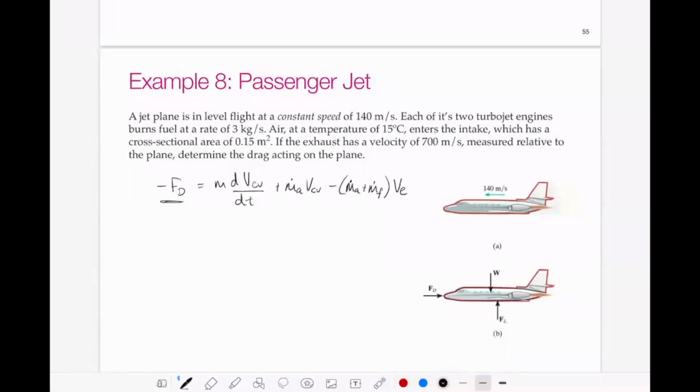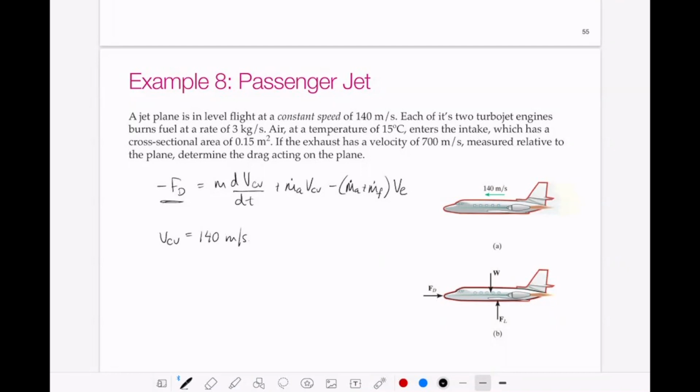So let's figure out what each of these terms are. It's traveling at a constant speed of 140 meters per second, so that's the velocity of our control volume. The velocity of our control volume is equal to 140 meters per second.